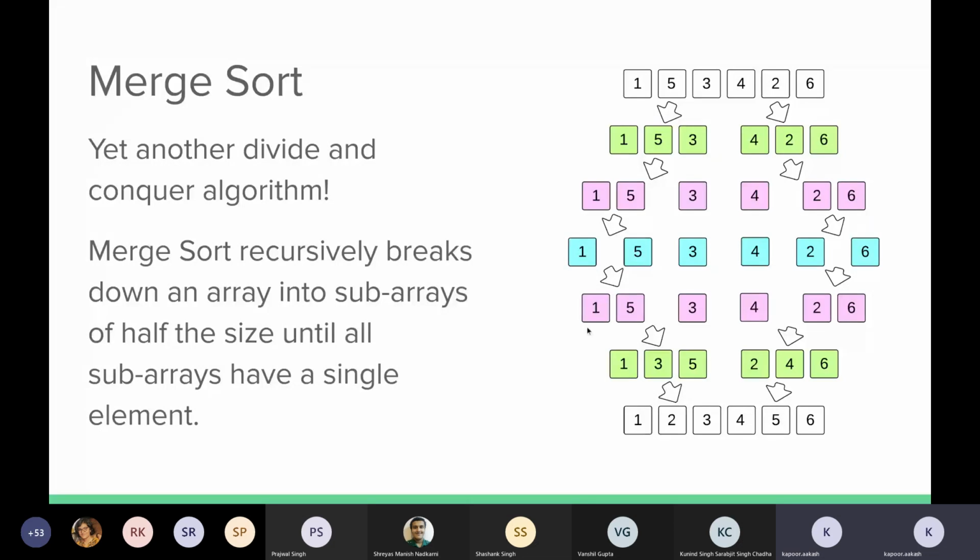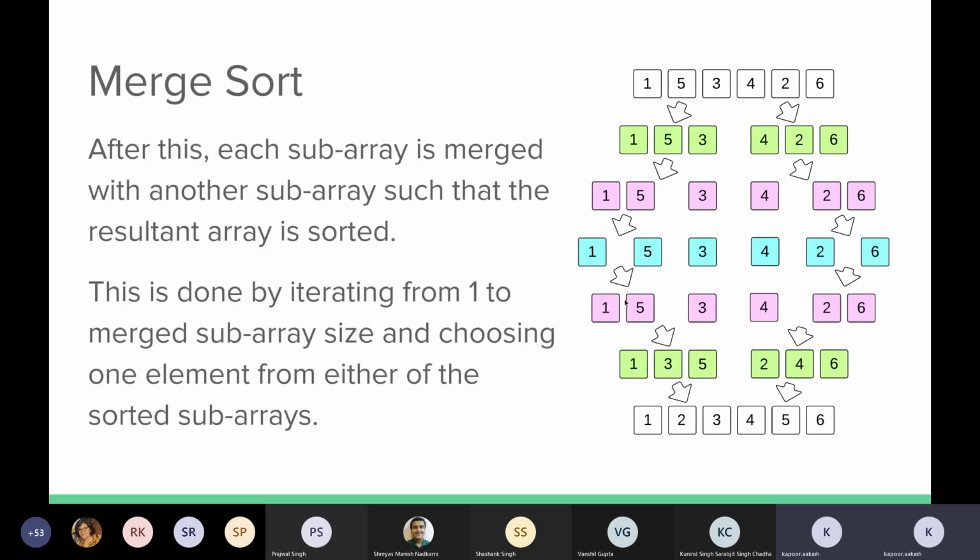And at counter 0 for the second array, the value is 3. 1 is smaller than 3, so you choose 1. Update the counter of the first array. The counter next points to 5. Now at the second step, you see, okay, 3 is smaller than 5, so you choose 3. And then you choose 5. So it basically takes an iteration of 3 steps. Similarly, you do that for 4 to 6. It takes an iteration of 3 steps.